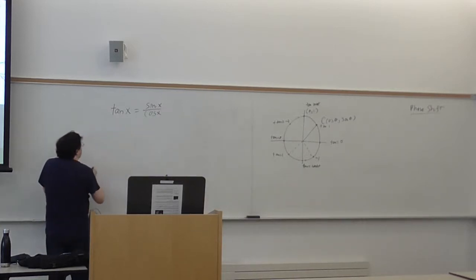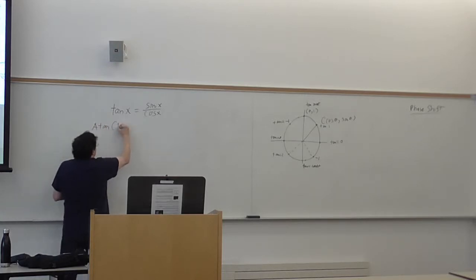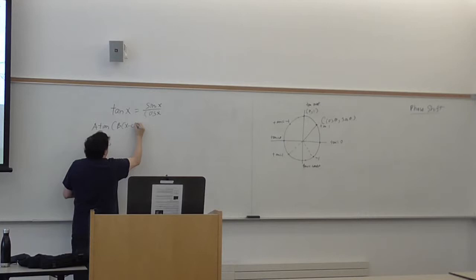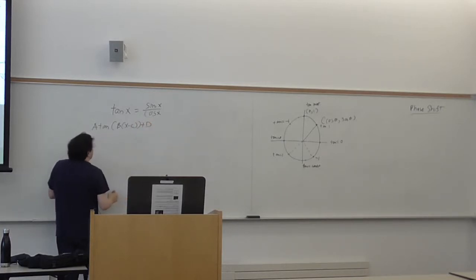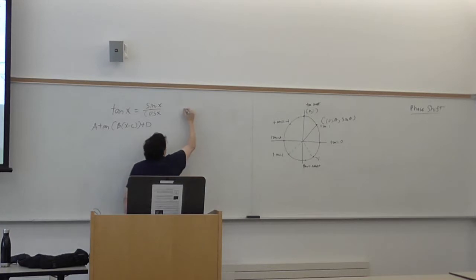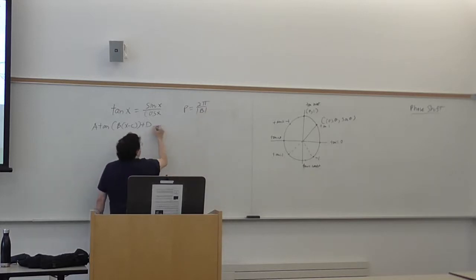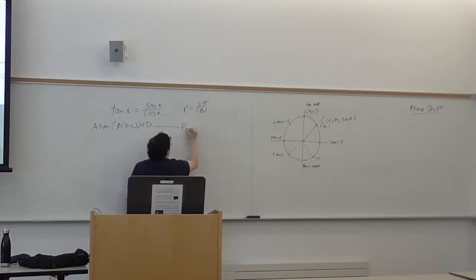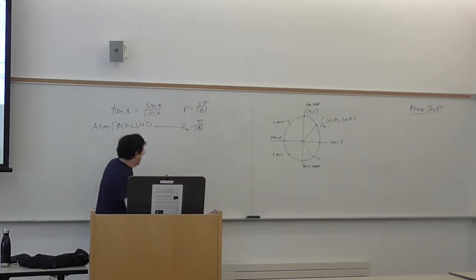So if I were to write this in a more general form, a tangent of b times x minus c plus d, well, for the sine and cosine, the period was what? It was 2 pi over absolute value of b. The period of the tangent is going to be pi over the absolute value of b.